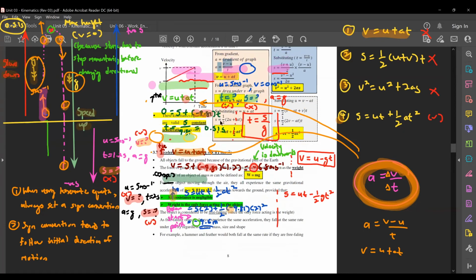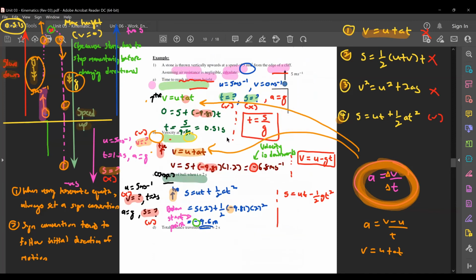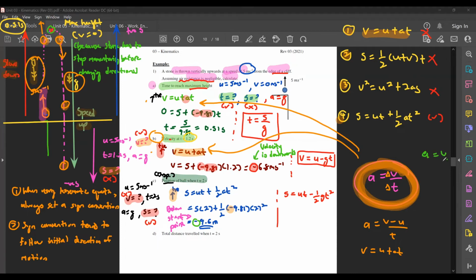Okay. So in your case here, if you had just wanted to use A equals delta V over delta T, you could have actually just used it for A and B. No problems there. It's just that you need to be careful about what you write, because a lot of students from SPM or IGCSE have a tendency to write A is equal to V divided by T, where they just take velocity at some point divided by the time taken to reach that velocity.